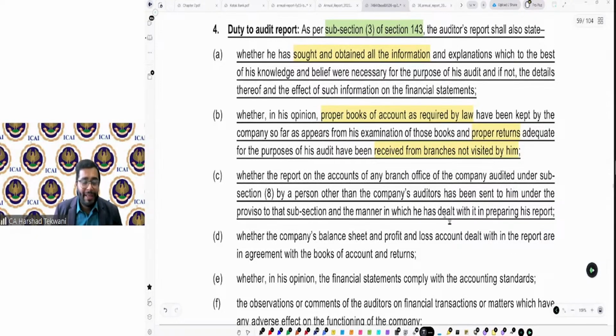So whether the report on branch accounts has been prepared or not. If prepared, then whether it has been sent to him under the proviso or not. And the third part is the manner in which he has dealt with the report that was shared by the branch auditor while preparing his report.